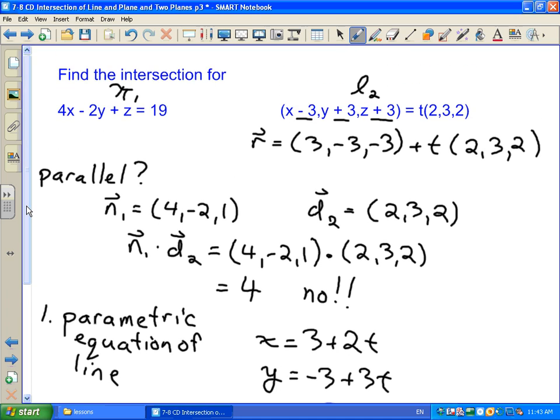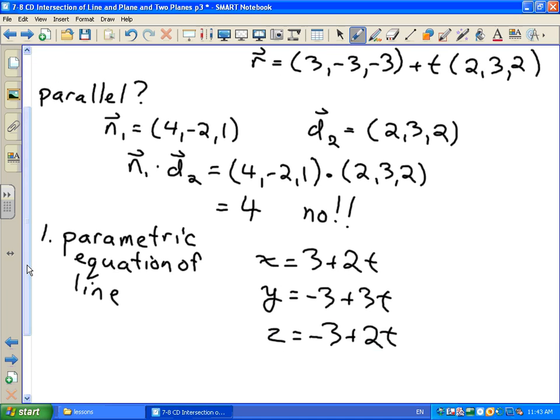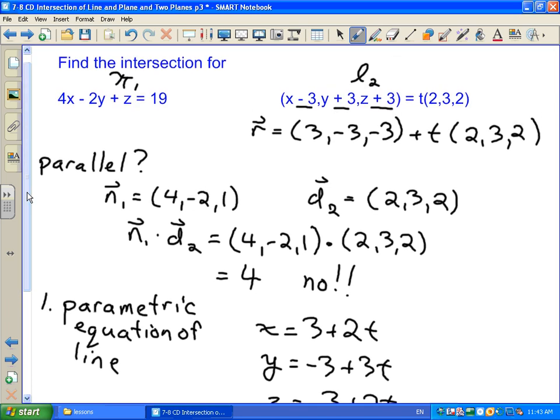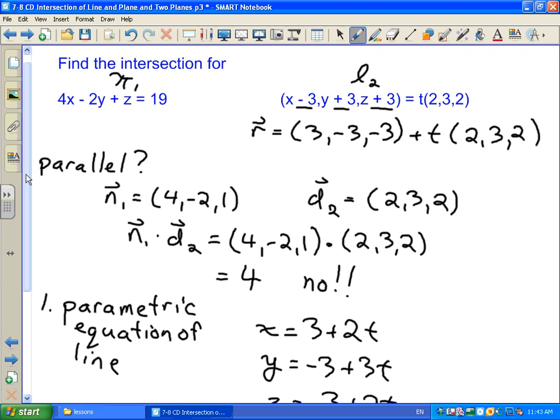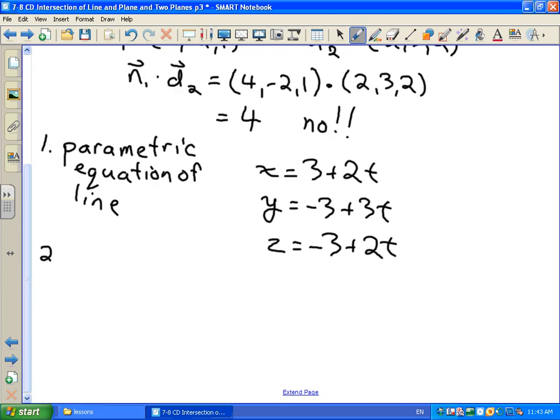So what we can do is we can take these expressions that we have for x, y, and z and sub them into the equation of a plane for x, y, and z. So that's step 2. Sub into the scalar equation of the plane.